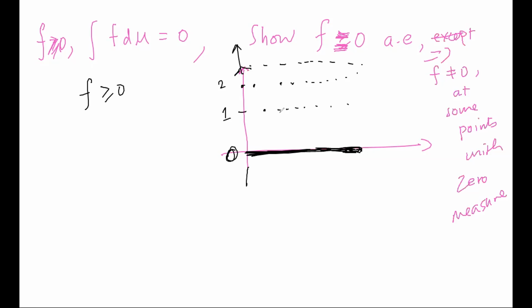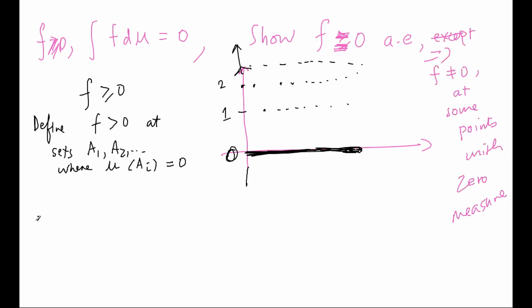But then you basically define f to be greater than 0 at sets A1, A2, whatever, where mu of Ai is equal to 0.